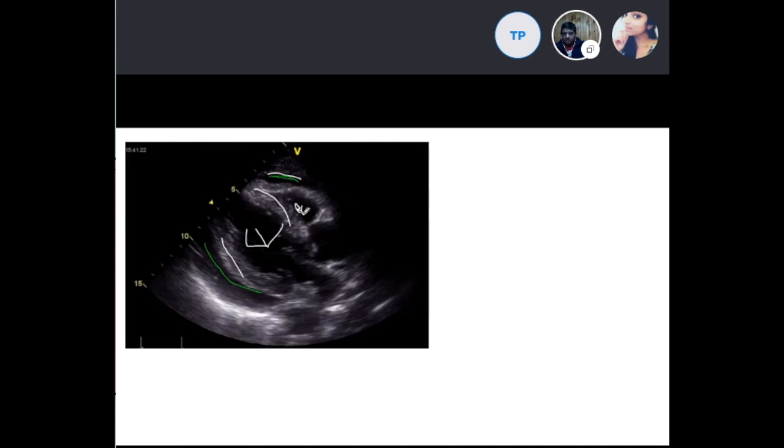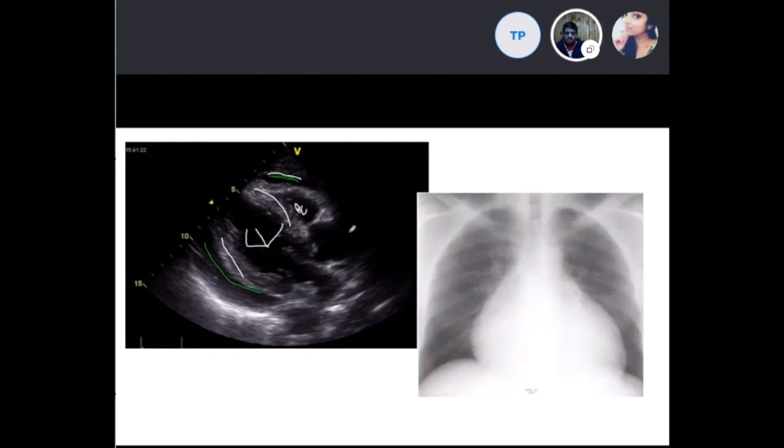Another thing you'll often see is called a water bottle sign. It's a non-specific finding, but the heart becomes so enlarged it looks like a water bottle. These are non-specific signs, but you would see this in a tamponade patient.